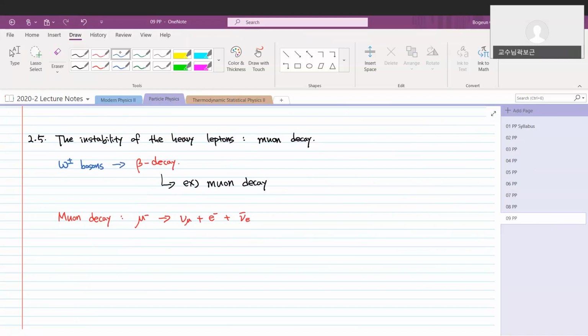In this case, we already studied that. In such a reaction between the left-hand side and right-hand side, the W plus minus boson mediating is a virtual process.